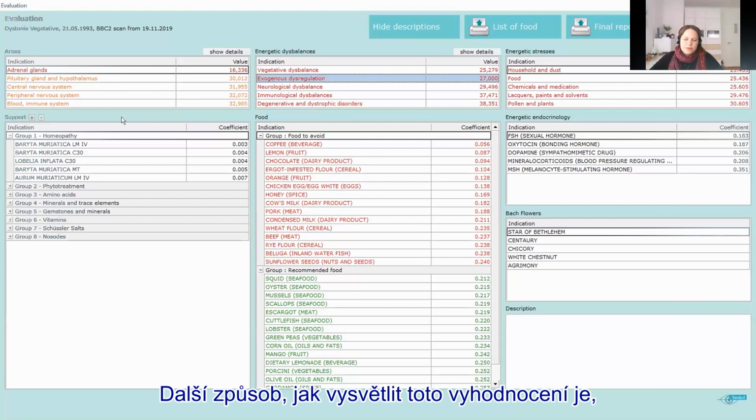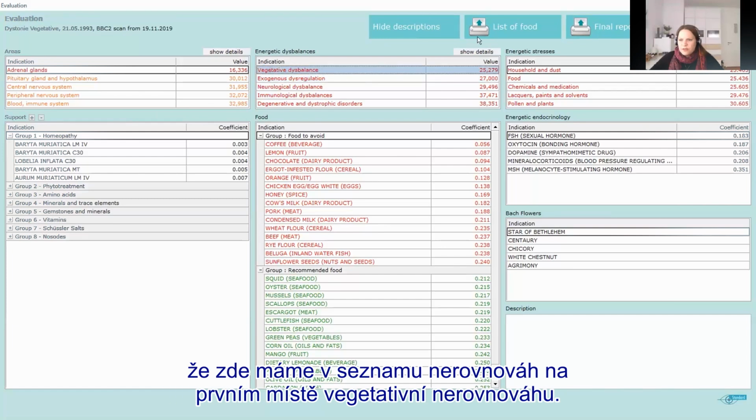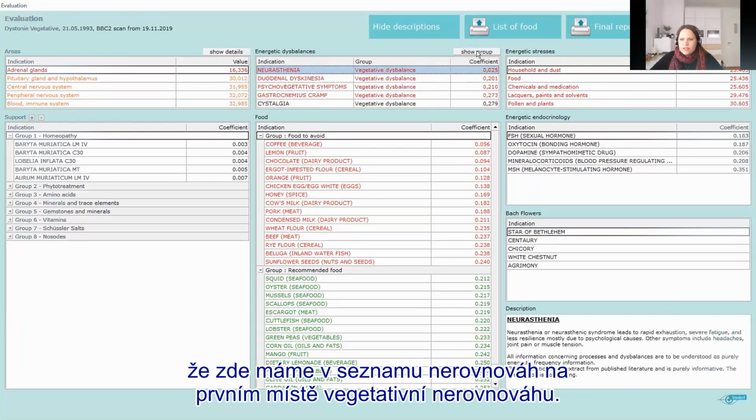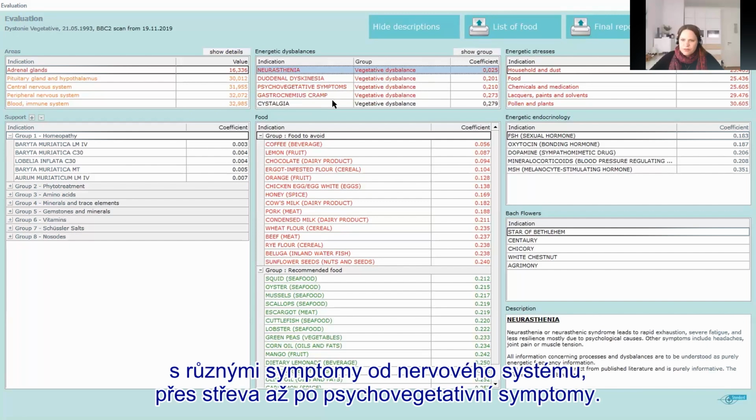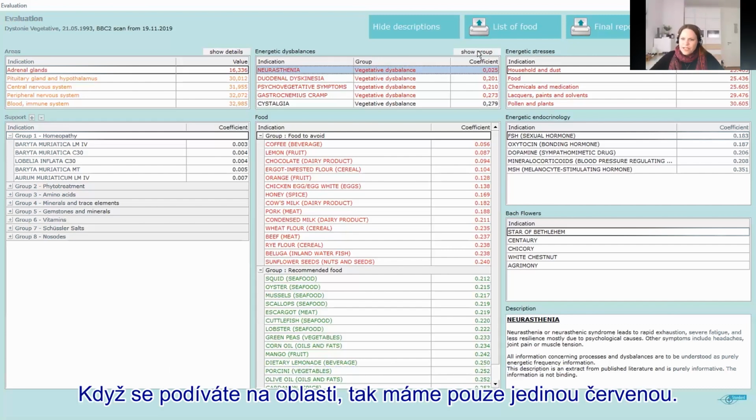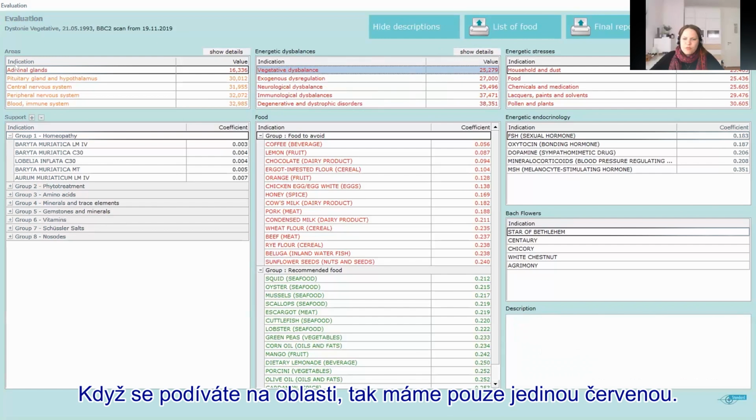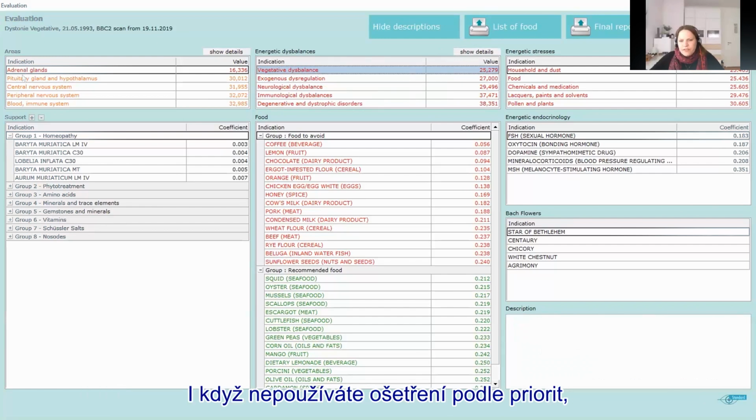The other way of explaining the evaluation is that we have the vegetative disbalances on top, with different symptoms from the nerve system and the intestine system and the psychovegetative symptoms as well. When you look at the areas, we just have one in red, but even if you don't use them for priority treatment, you can also use the orange, or the black ones, to read the whole story of the scan.